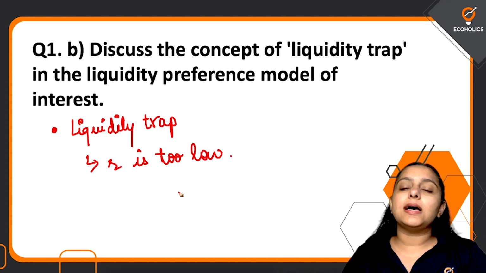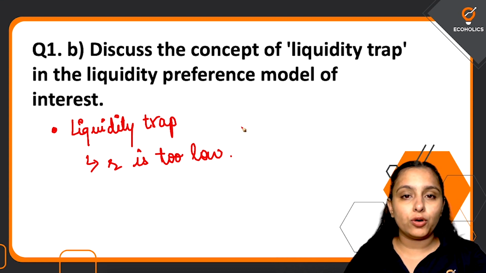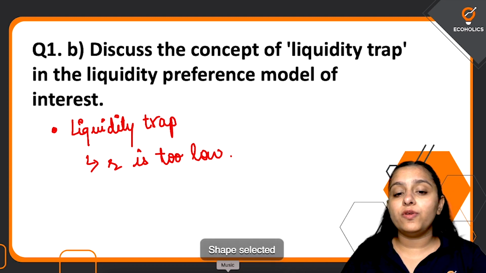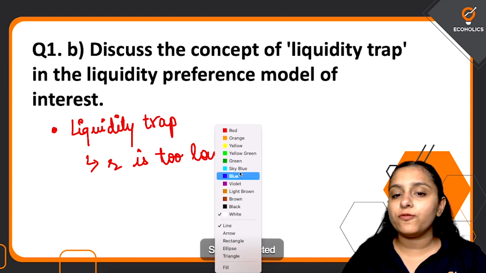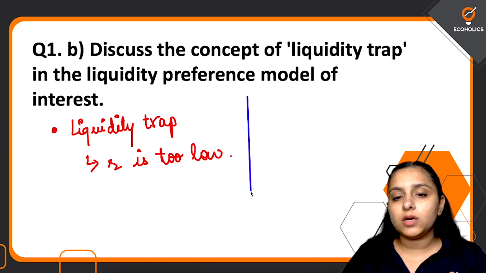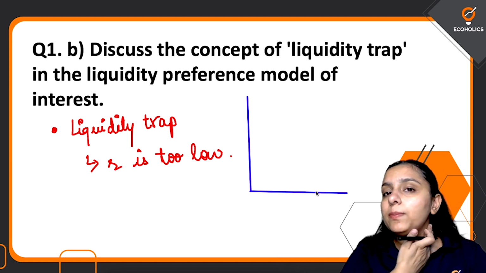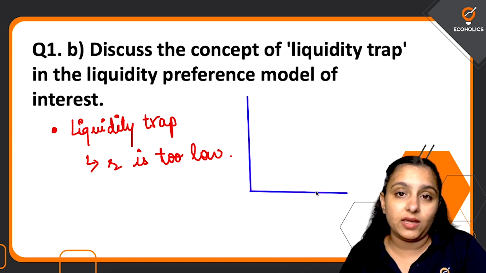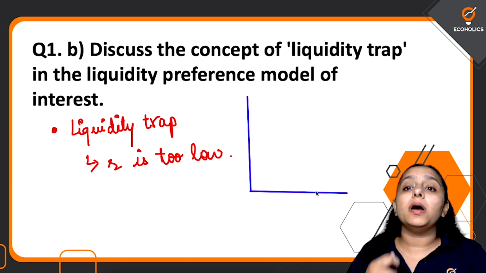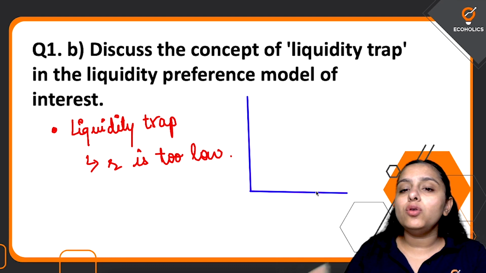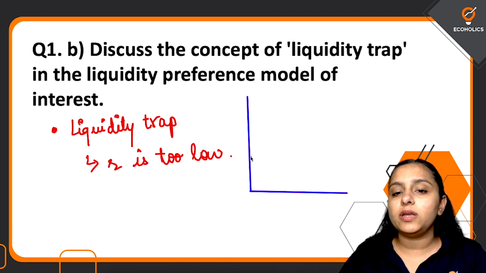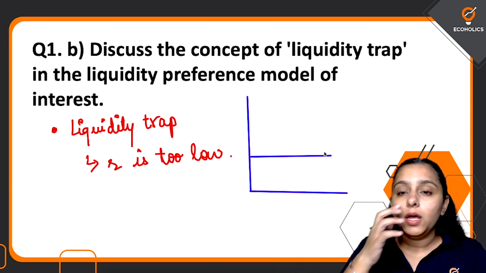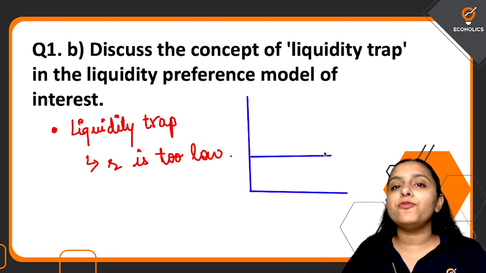Of course, you have to be very careful about your word limit. Here you can also make a diagram. Liquidity preference is going to be high in the case where money demand is very high. When you draw the money demand curve, you cannot make it horizontal for the whole range, because it cannot be horizontal forever.